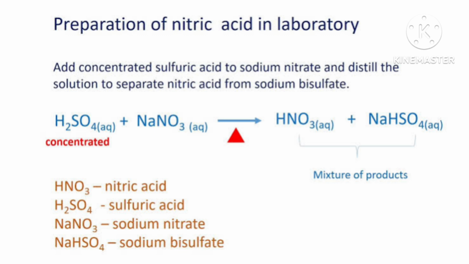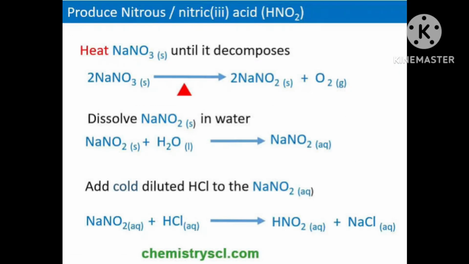Same way, carbon to carbon dioxide. Carbon has oxidation state 0, but in CO2 it is plus 4, because there are 2 oxygens, minus 2 times 2 is minus 4. To neutralize this minus 4, carbon has to lose 4 electrons, so plus 4.